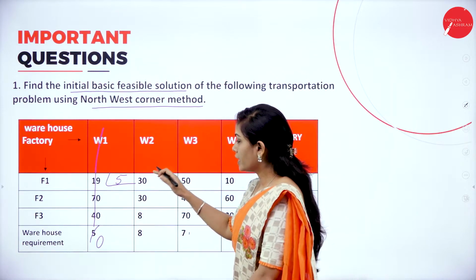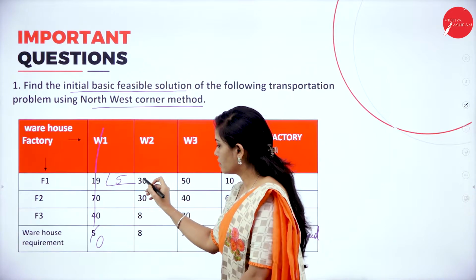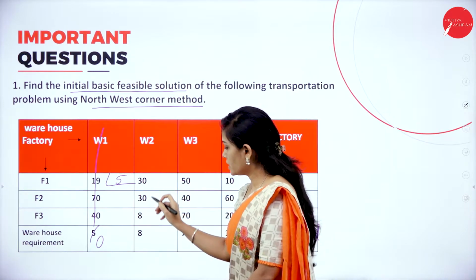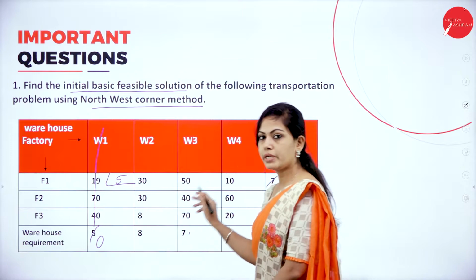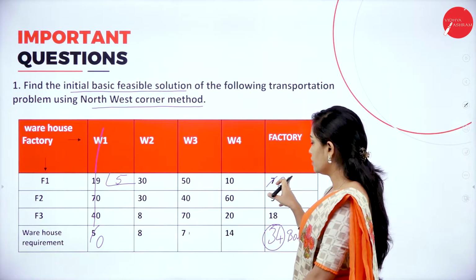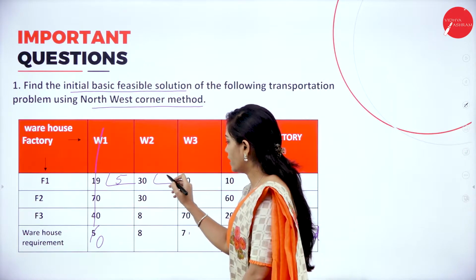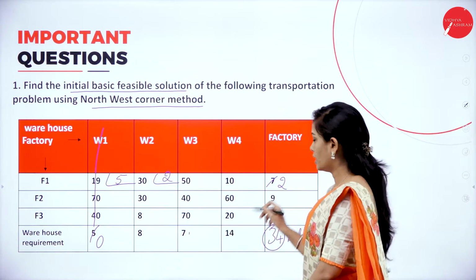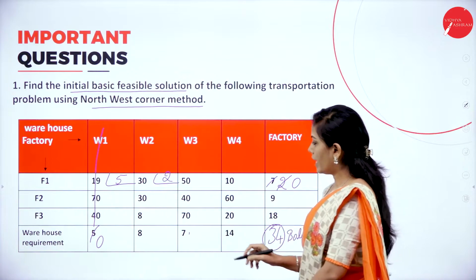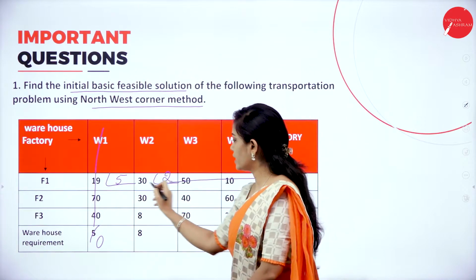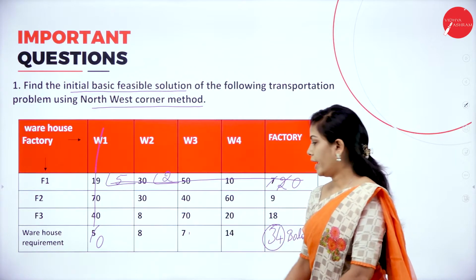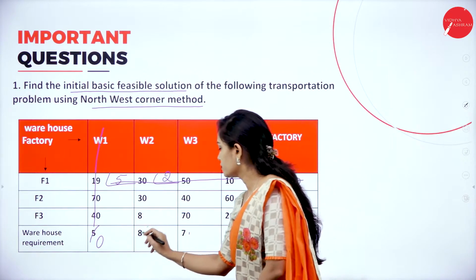So here the next north corner cell is 30. You just check the warehouse requirement and factory requirement. So here we have 2 and 8. 2 is less than 8. So I will allocate 2 rupees to this cell and it will become 0 and you can cancel this entire row. And what is 8 minus 2? It is 6.